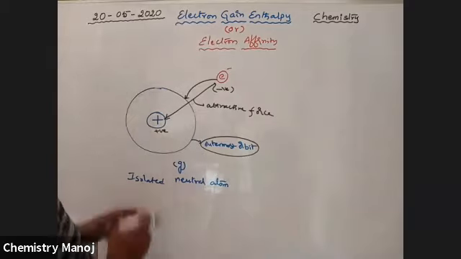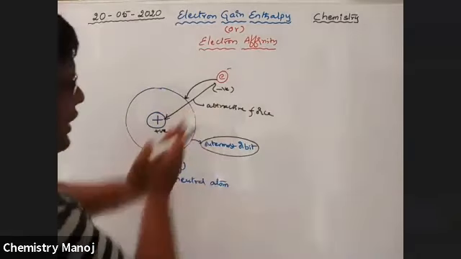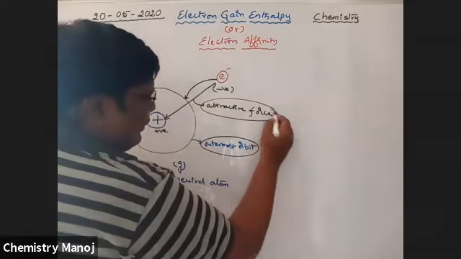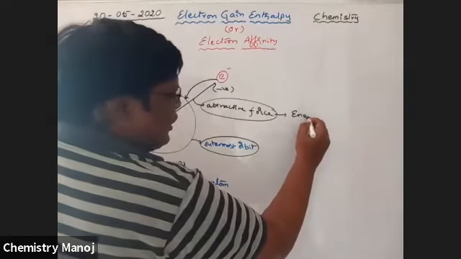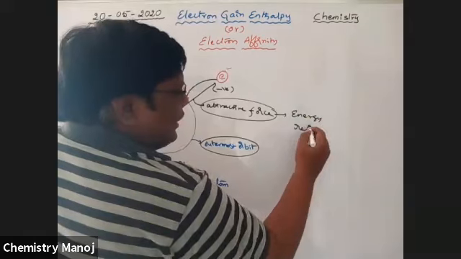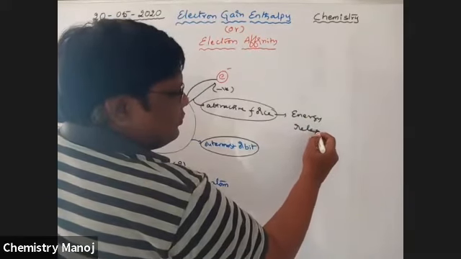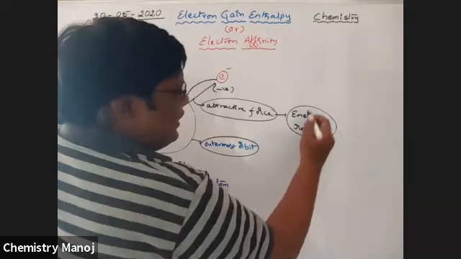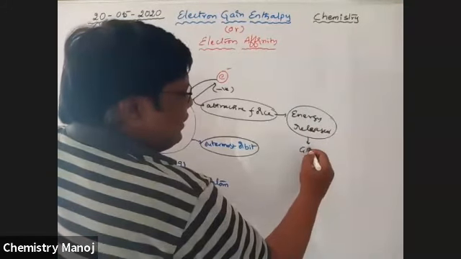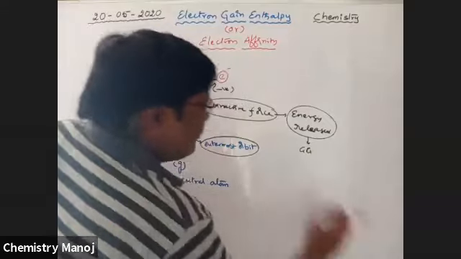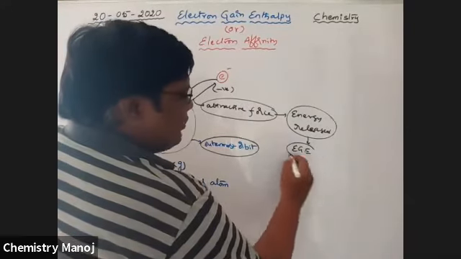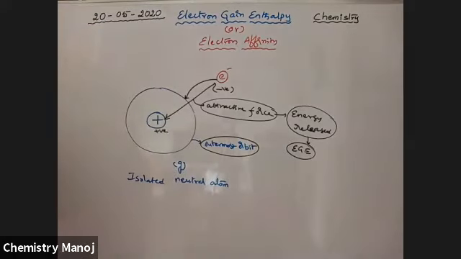During this process, because of this attractive force, some energy is released. This released energy is called electron gain enthalpy.